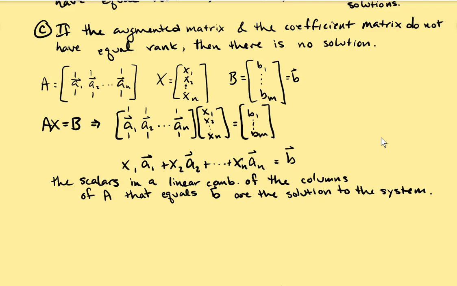And we've seen some stuff about this. Keep in mind, the column space of A is all such linear combinations of the columns.